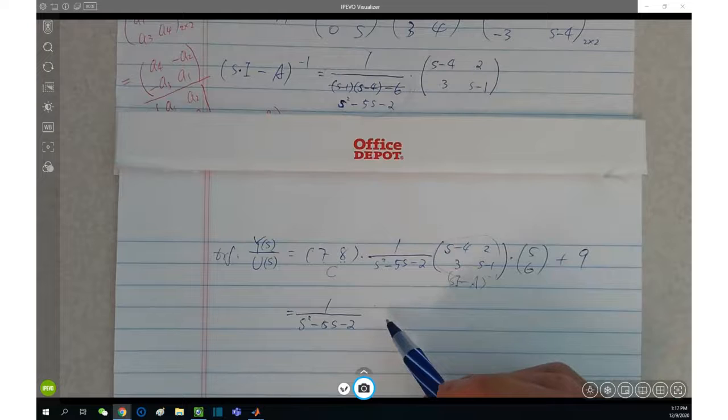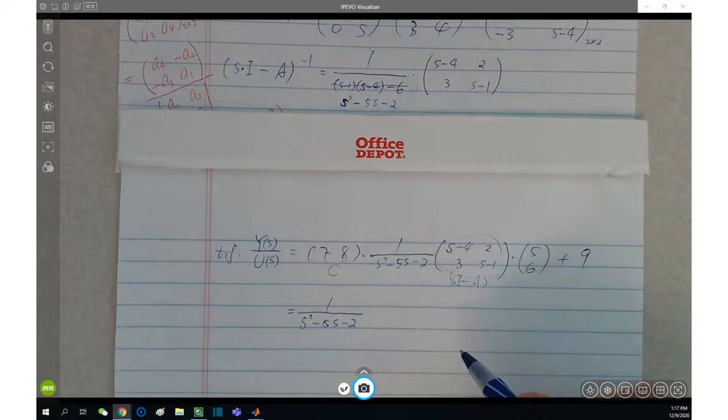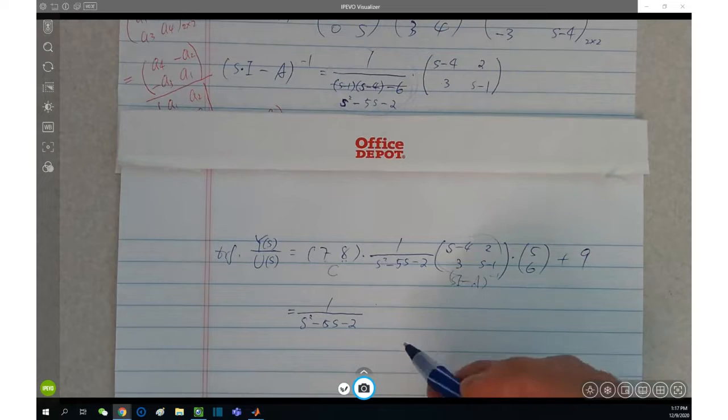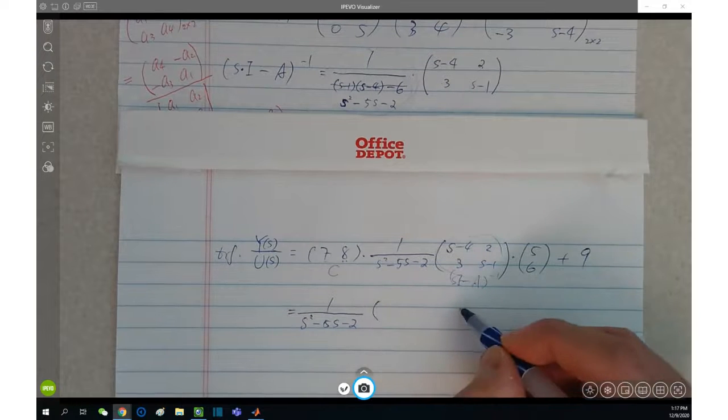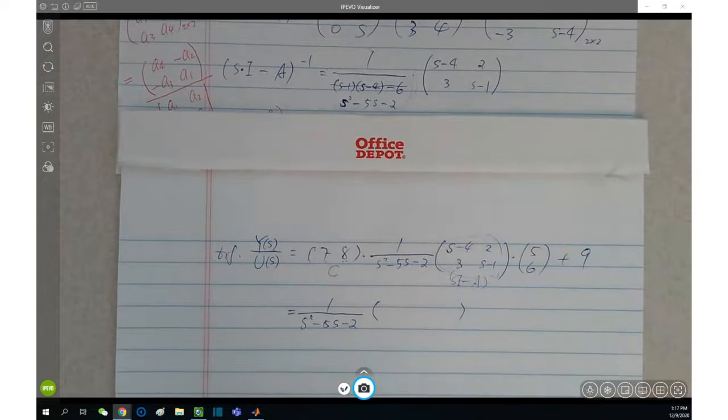What is the resultant matrix dimension? Very good. It's 1 by 2. 1 row, 2 entries. Here we go. This is the result of C left times onto sI minus A inverse.